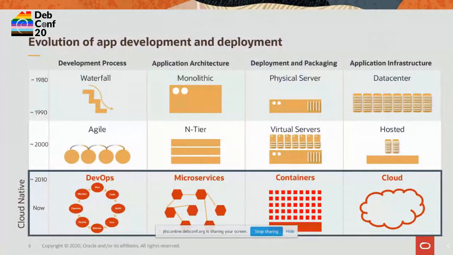Over the last 40 years, the landscape of application development has changed. Everything has changed, from the development processes, the application architectures, the deployment methodologies itself, and the underlying infrastructure. So we went from waterfall, monoliths on physical servers in data centers to what it actually is: DevOps, microservices, containers, and everything stored on the cloud.